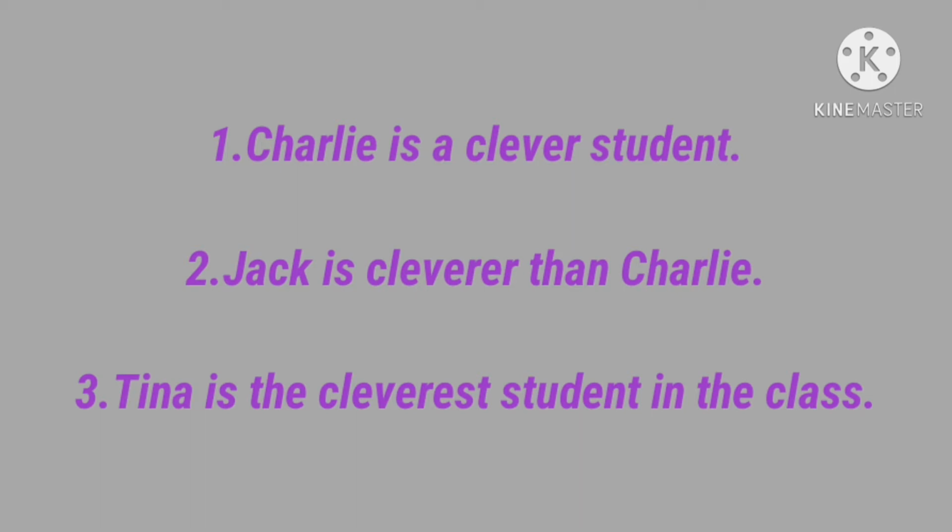In the second sentence, Jack has that quality more than Charlie. Third sentence, which is the adjective word? Cleverest. The adjective cleverest shows that Tina has more of that quality than all other students in the class.